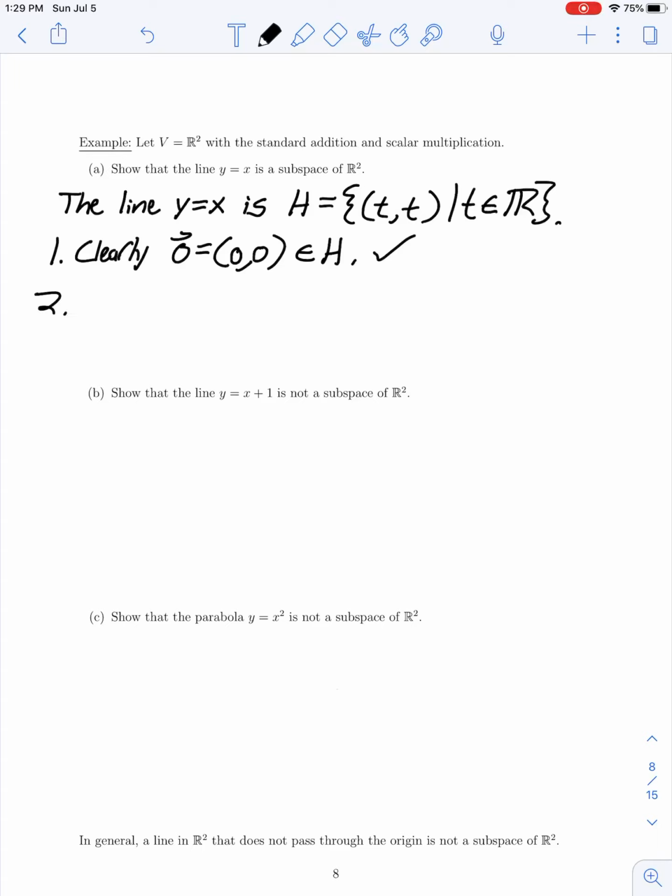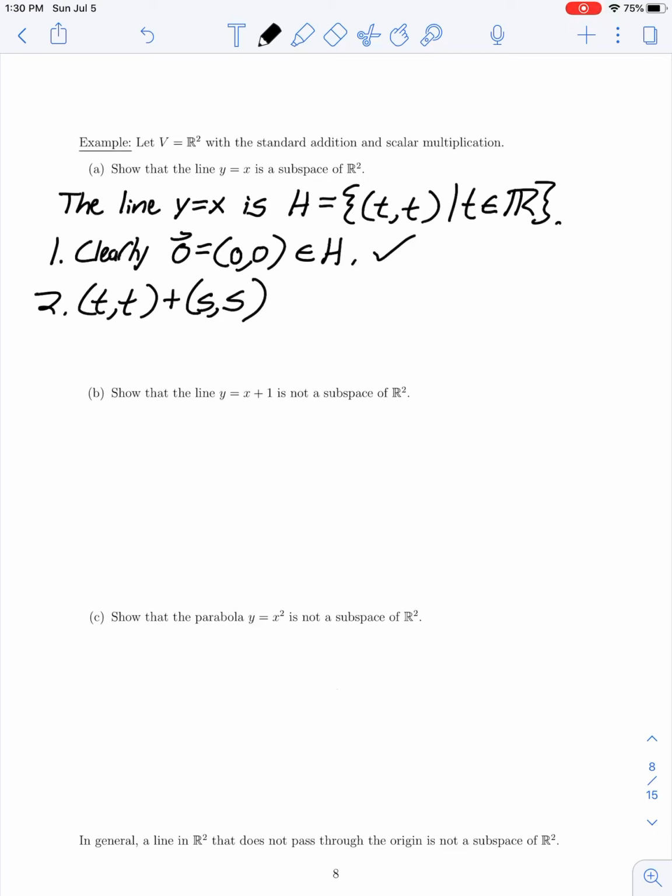Our second condition for a subspace is that it's closed under vector addition. So if we were to choose two vectors in the set H, let's say maybe (t, t) plus some other vector (s, s).